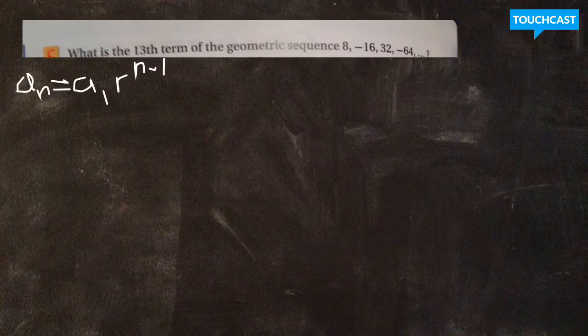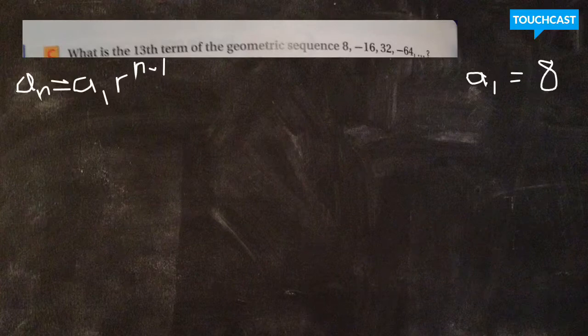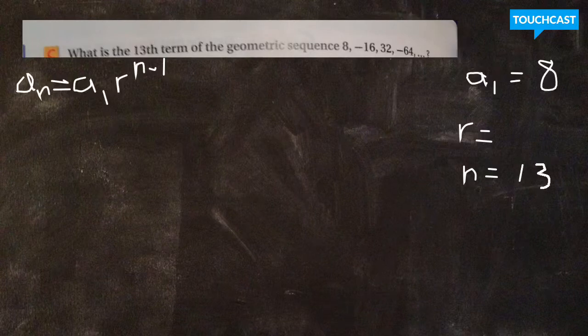The first term is the first number in the sequence, which is 8. We don't quite know r yet, so we'll save that for a little bit later after we identify n. We do know we're looking for the 13th term, so n is 13.